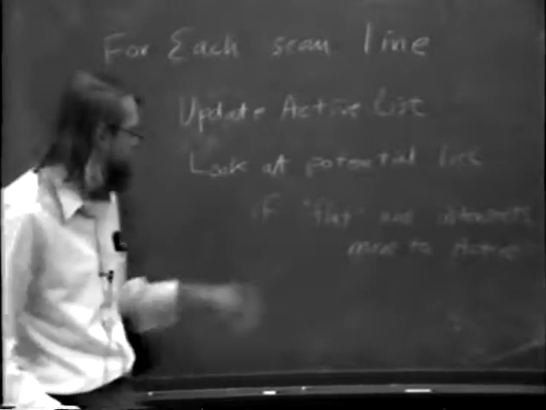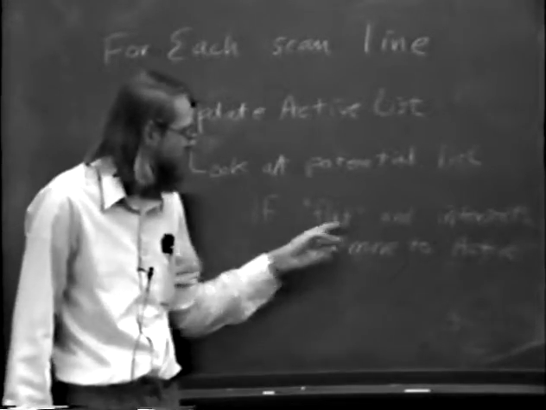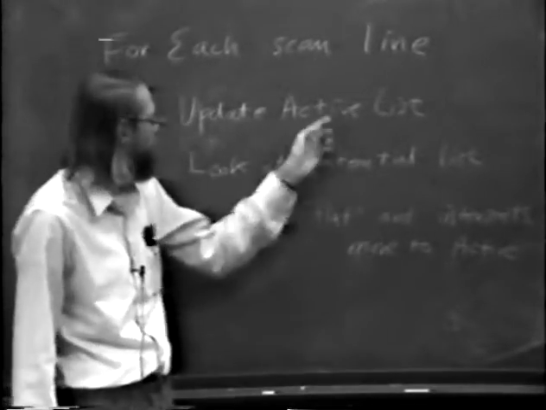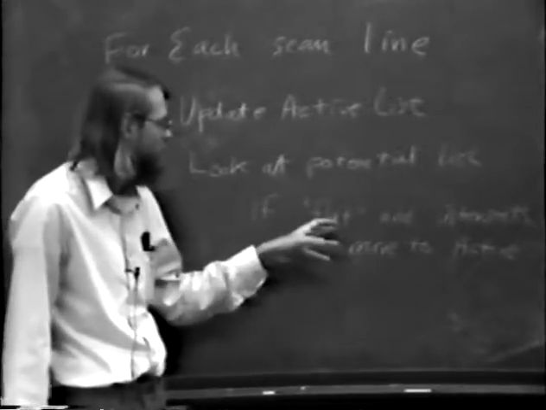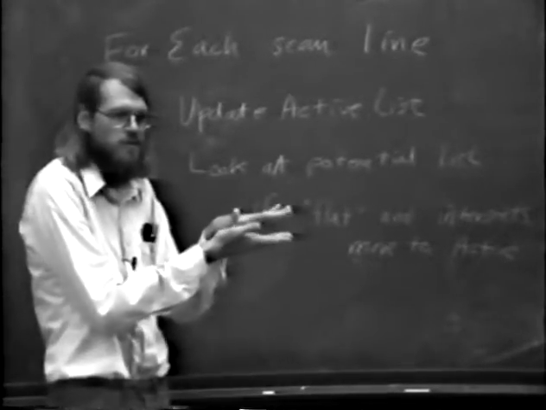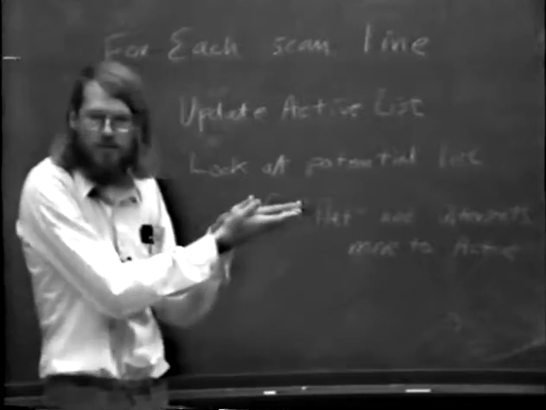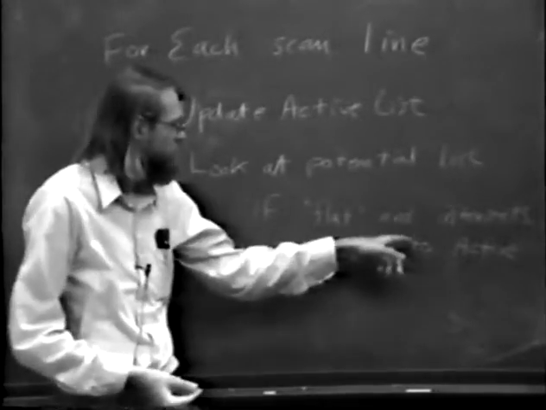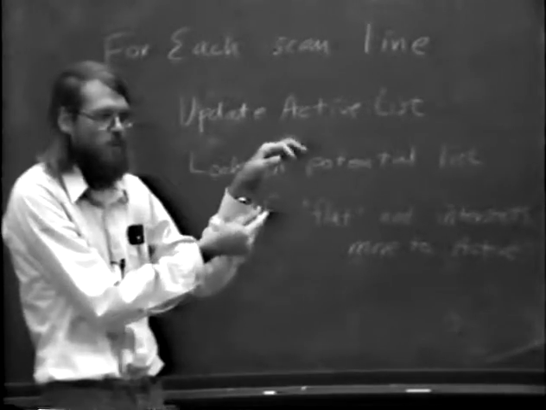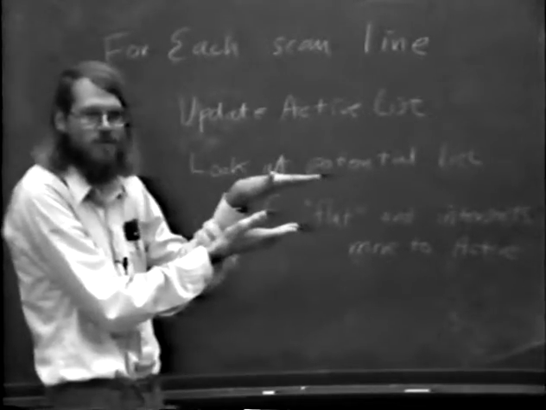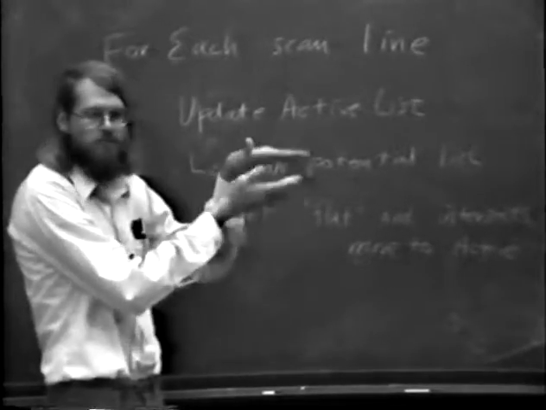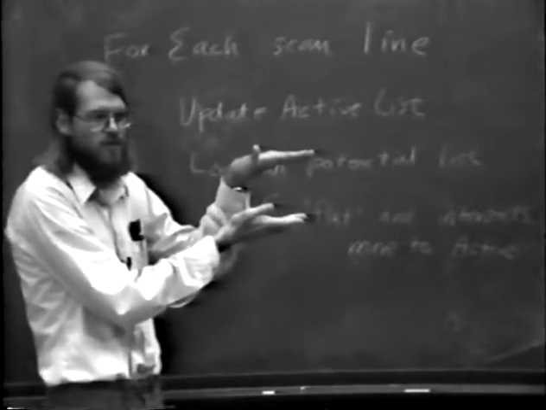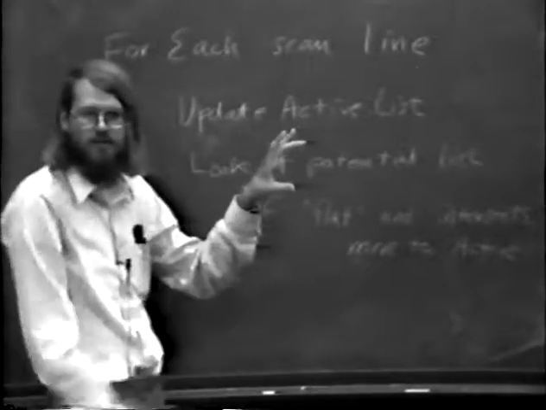If that patch is flat, and if it intersects the current scan line, we move it into the active list and turn it into a polygon. Now by flat, I mean a patch that's so close to being a polygon that you may as well treat it as being a polygon. And by intersecting the current scan line, I mean that, again for Bezier control points, you take a look at the maximum and minimum y of all the 16 control points, and if that overlaps the current scan line, that means it's potentially visible.